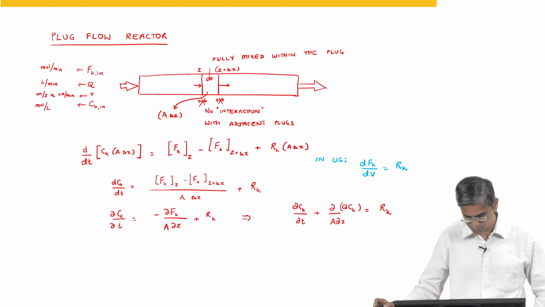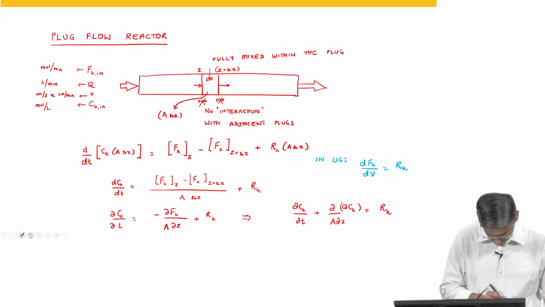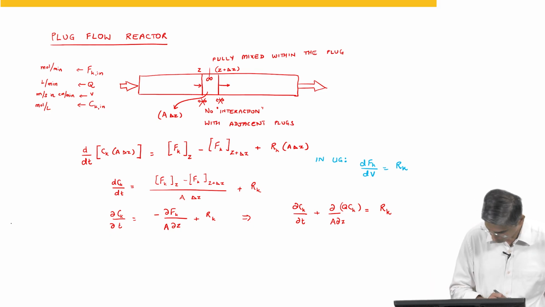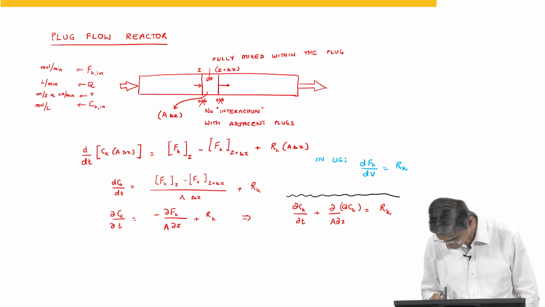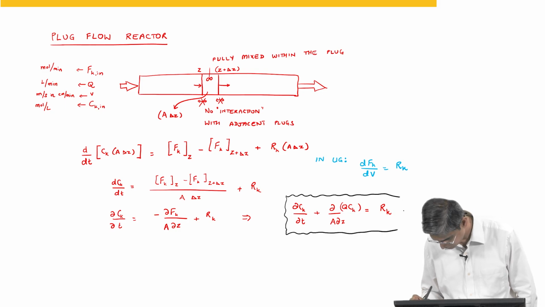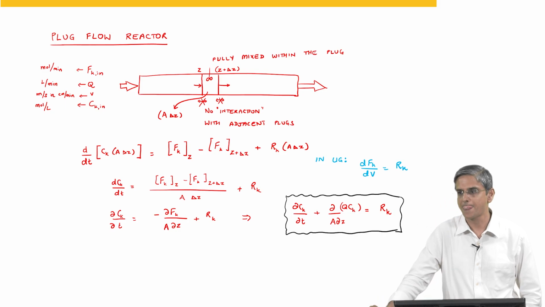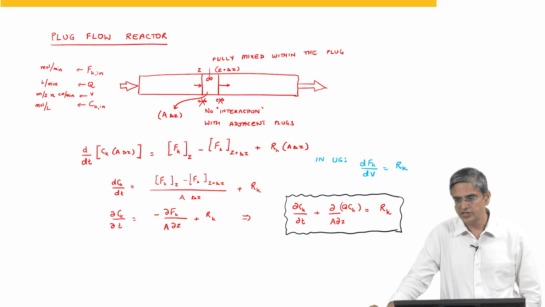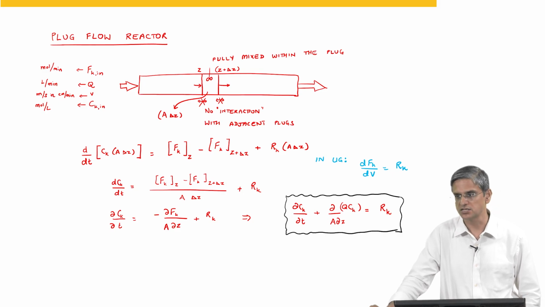Likewise, when it comes to the PFR, other than the fact that it is plug flow, there is no other assumption that has gone into this. Everything else that you have studied has some assumption.